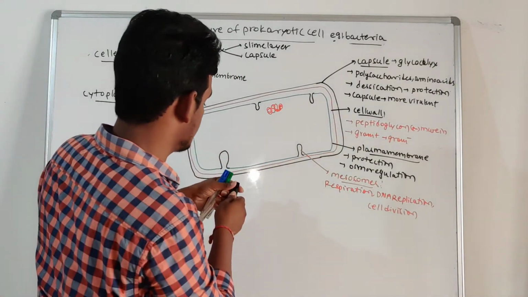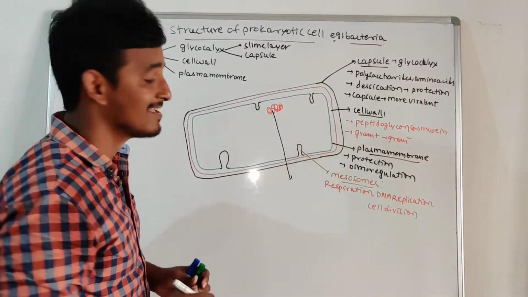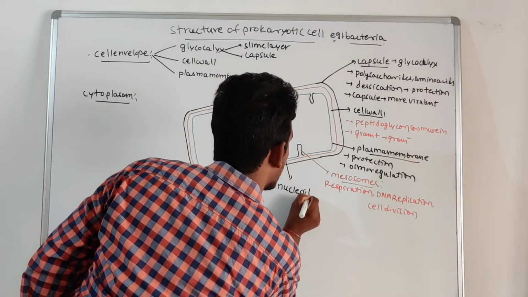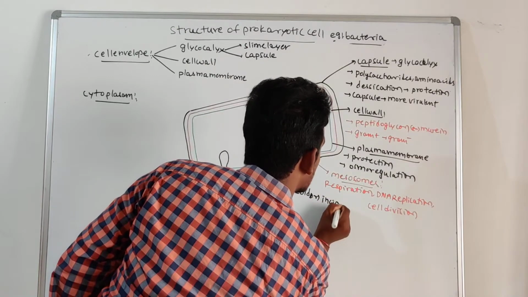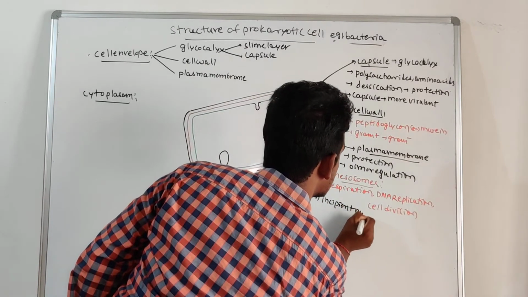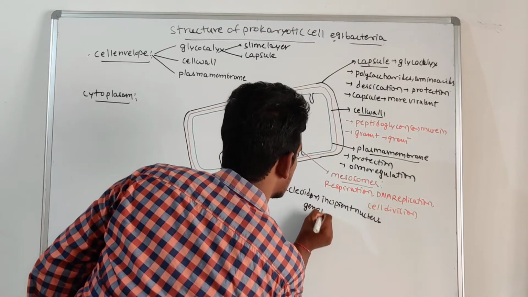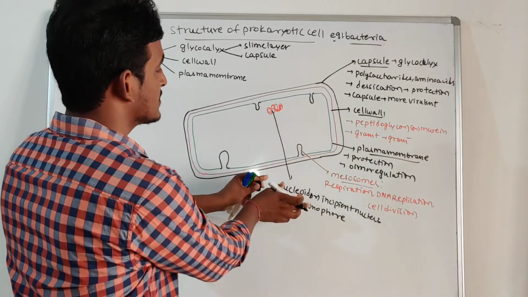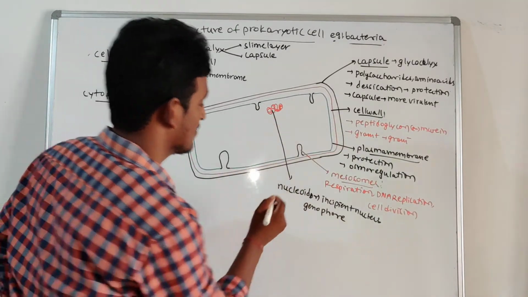This DNA is also called the nucleoid, or incipient nucleus, or genophore. These are the various terms related to the prokaryotic genetic material.